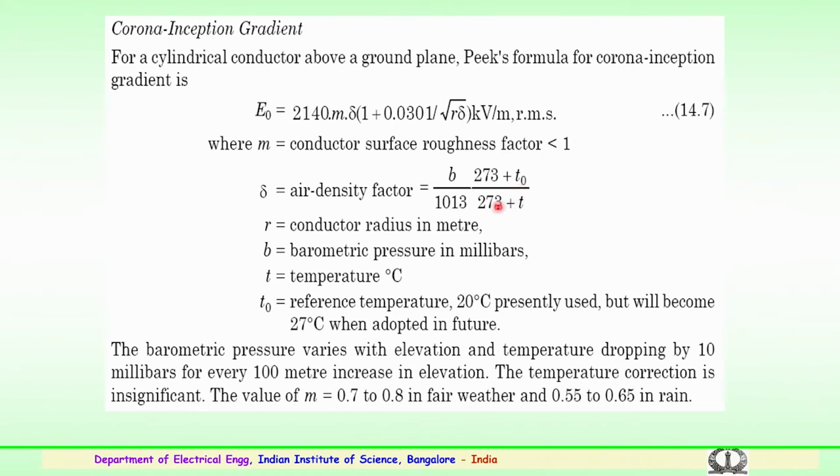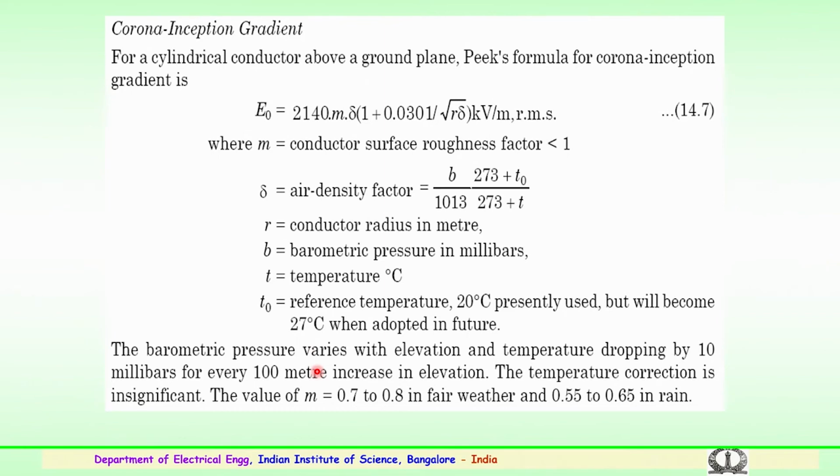plus T0 divided by 1013 into 273 plus T, where very clearly it is defined, r being the conductor radius in meters, b is the pressure in millibars, T being the temperature in degree centigrade, and T naught being the reference temperature.